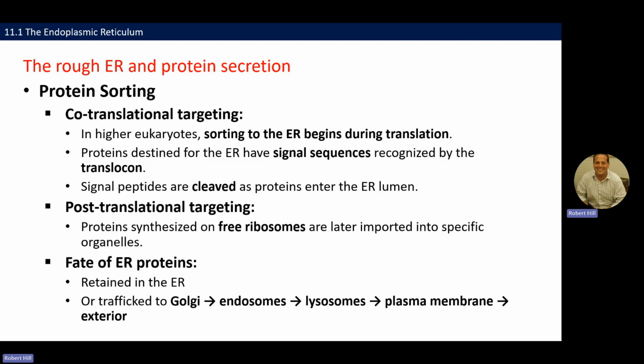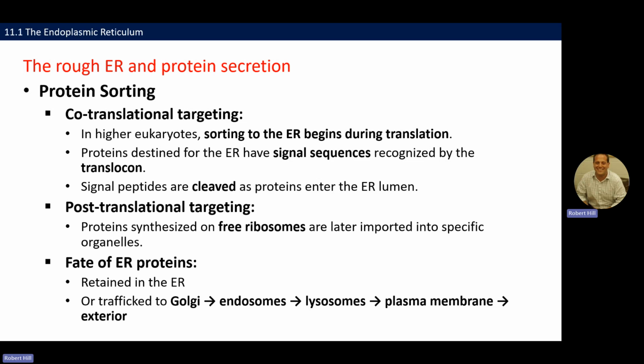There are a lot of different ways that this can occur, depending on where the localization signal is in the peptide, what the amino acids are like before or after that hydrophobic stretch. And that's what most of this chapter is going to really focus on.